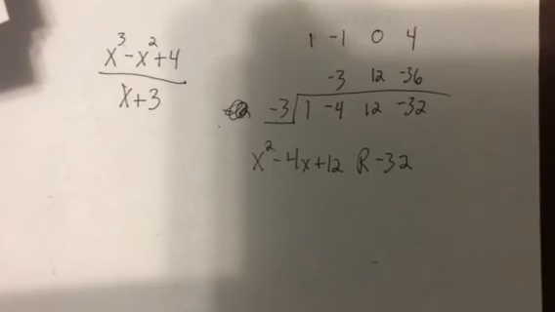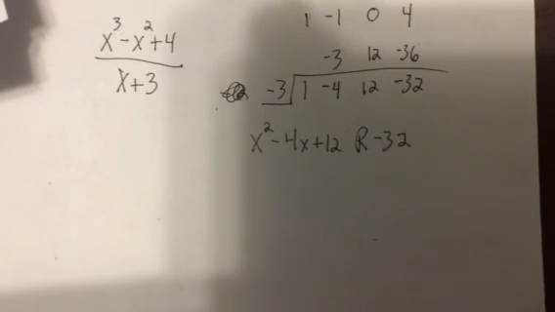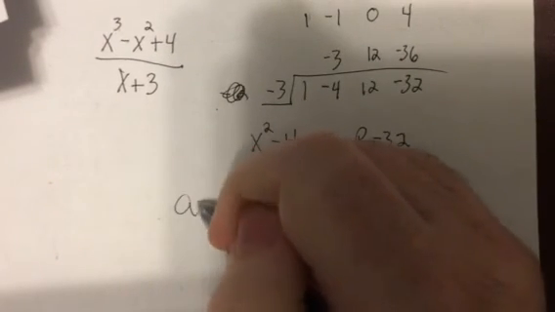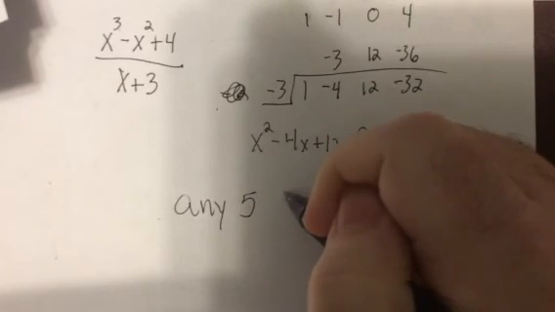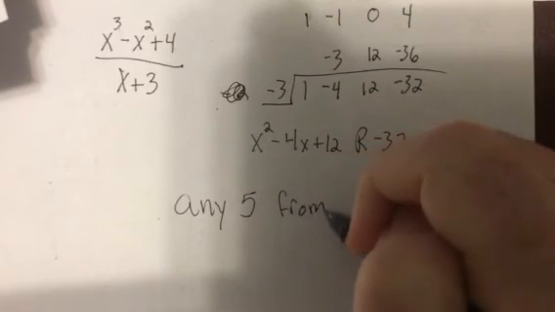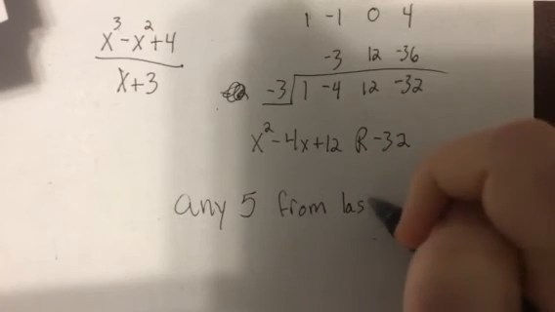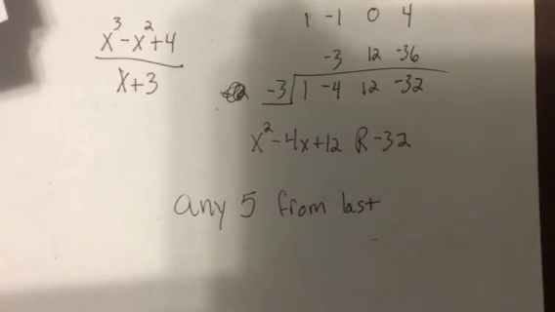Well, this was fun. I hope you're having a good life. Your homework is to pick any 5 from last night's homework of polynomial long division and do it again as a synthetic division.